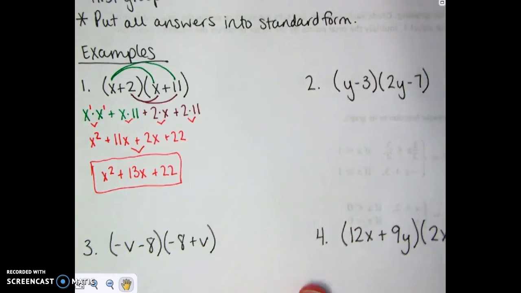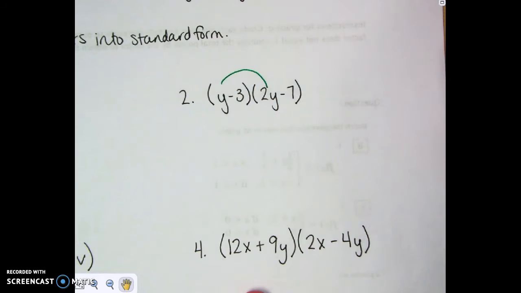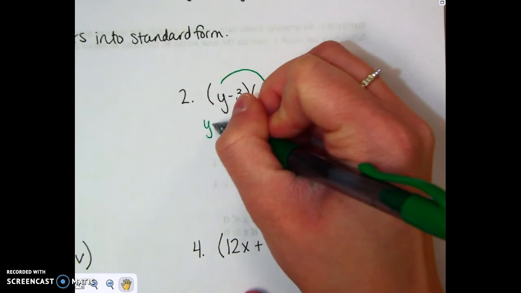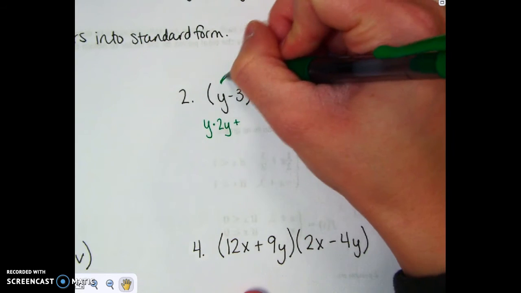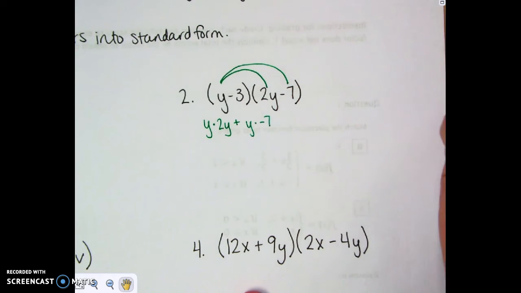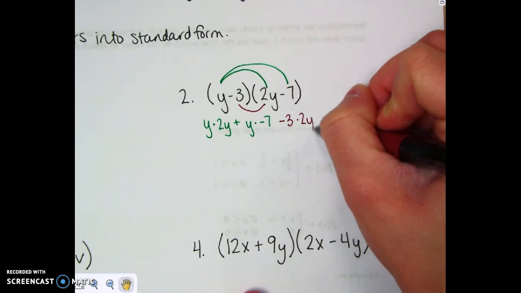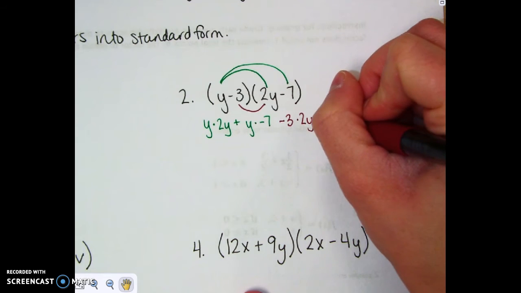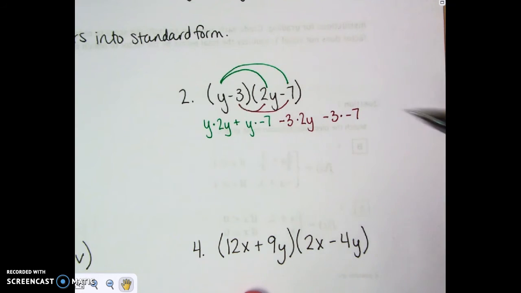Okay, let's look at another one. So I'm going to do the first terms, so that's y times 2y plus y times, that's a negative 7. Now I'm going to do negative 3 times 2y and negative 3 times negative 7. Now multiply.